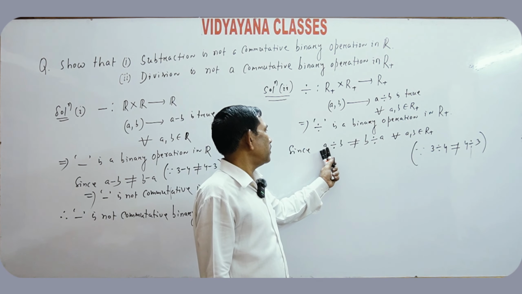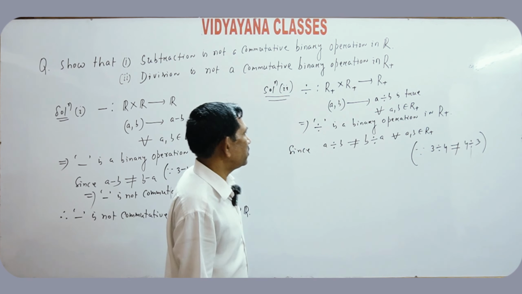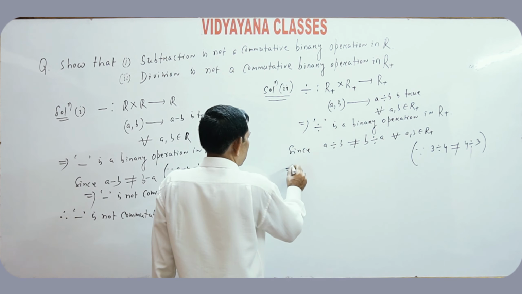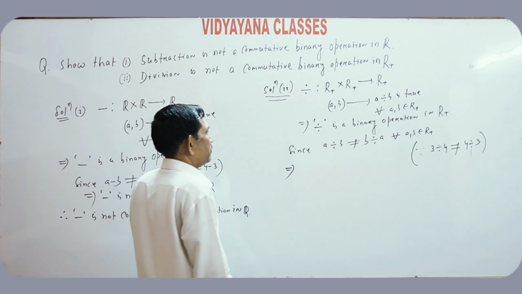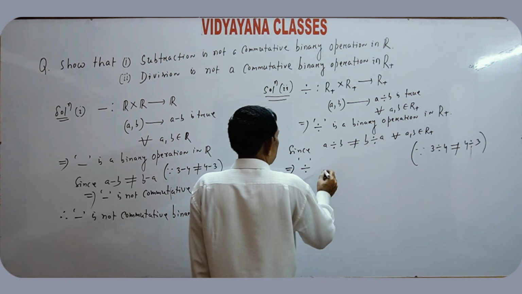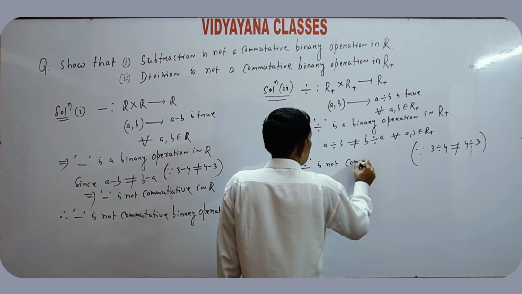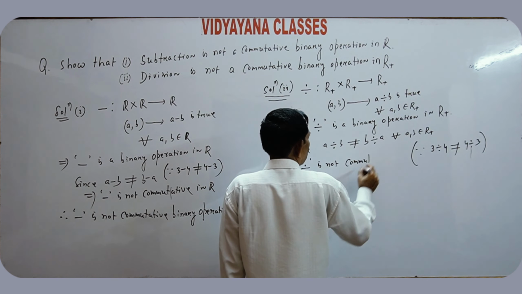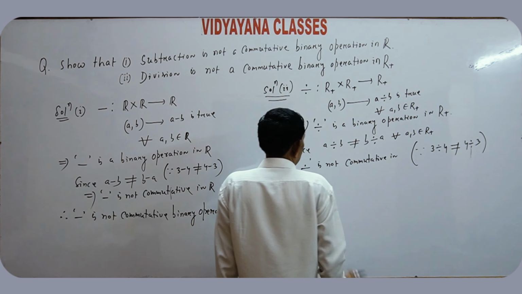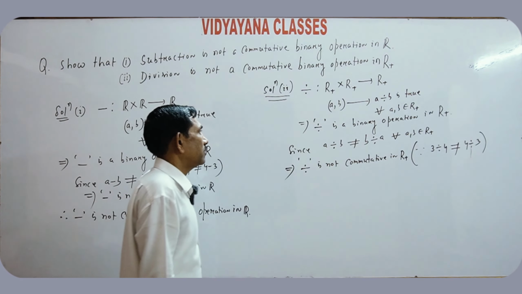In general, a divided by b is not equal to b divided by a for all a, b belonging to R plus, which implies division is not commutative in the set of positive real numbers.